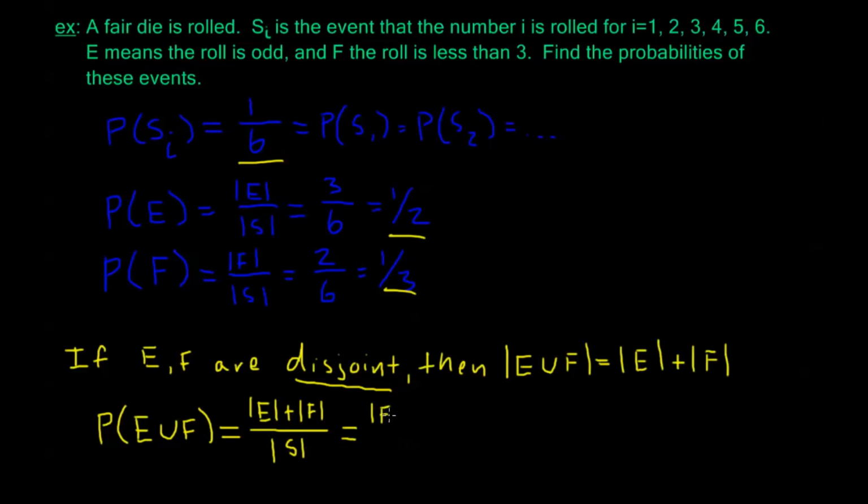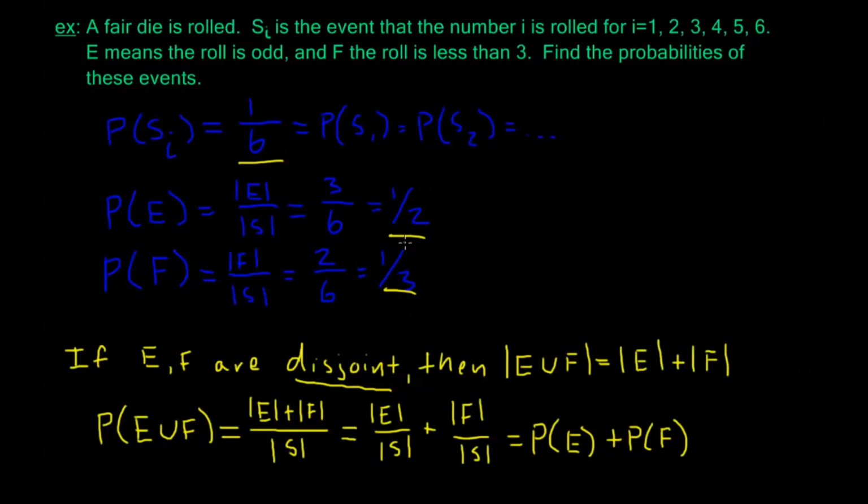This is order of E over order of S, plus order of F over order of S, which is just probability of E plus probability of F. So if we have 2 disjoint events, the probability that one or the other of those events will happen is simply the sum of the probabilities of each event.